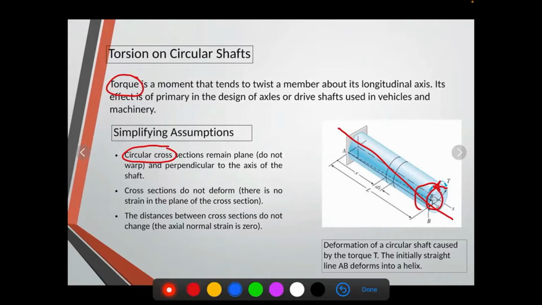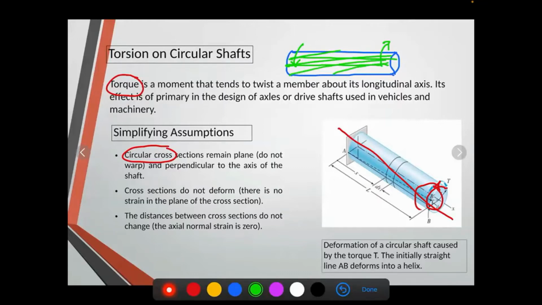So, tingnan natin ito drawing. Kunyari, ito yung circular shaft. Kasi kapag nag-apply tayo ng, say, torque, this will cause a twisting. So, for example, ito yung meron tayong mga lines, mag-twist siya.